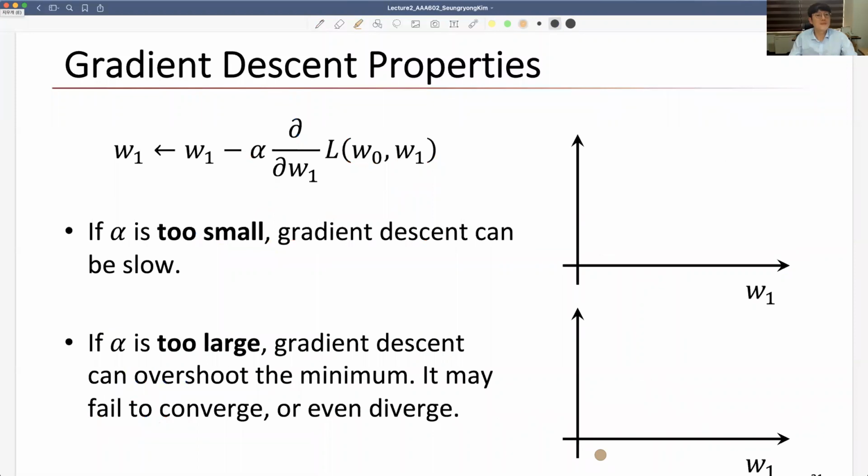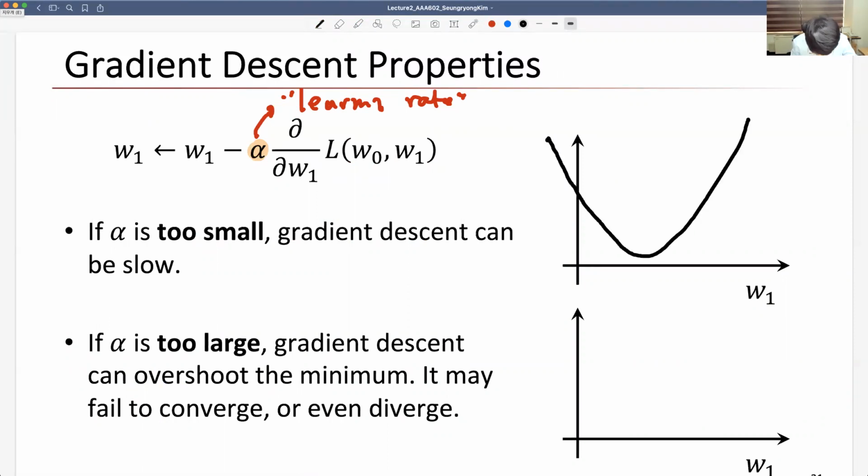And what about the learning rate? Learning rate determines the step size of each iteration. So let's think about this case again. This is a loss function, of course.